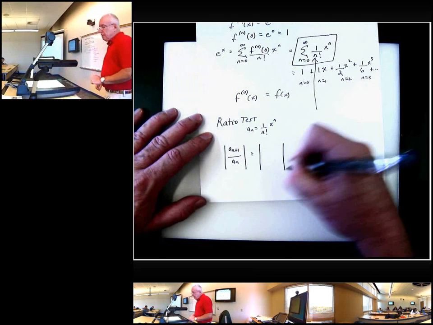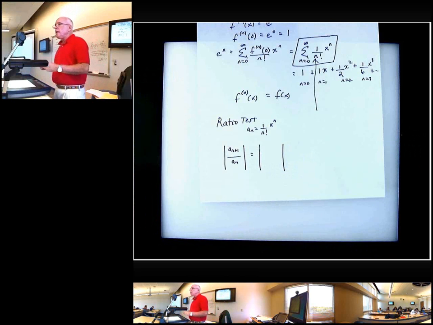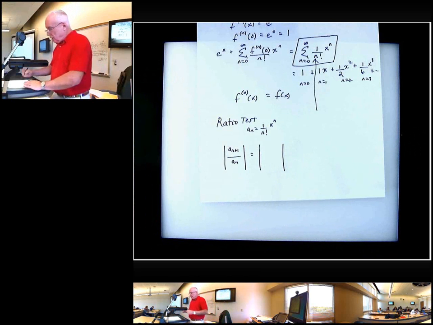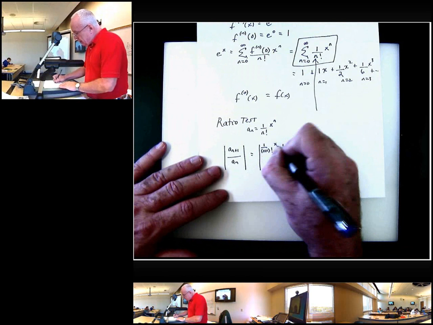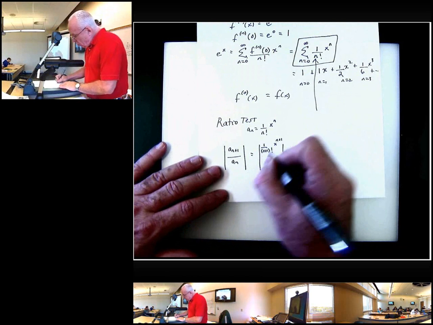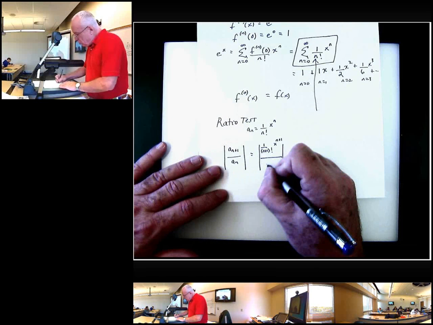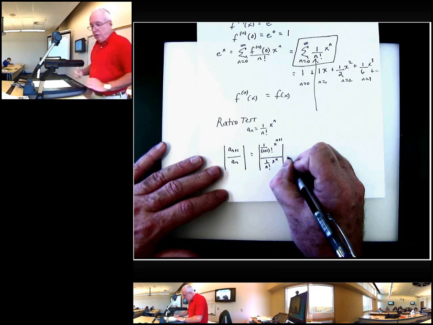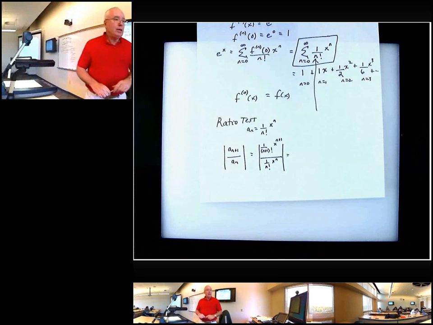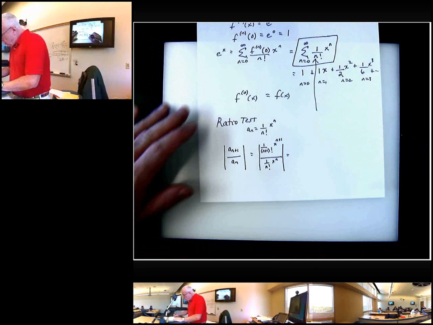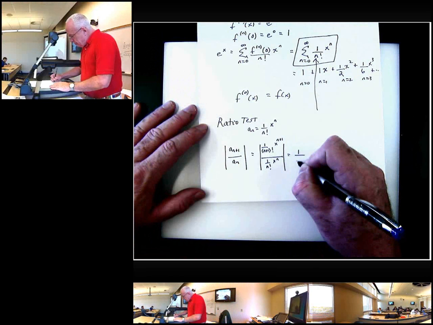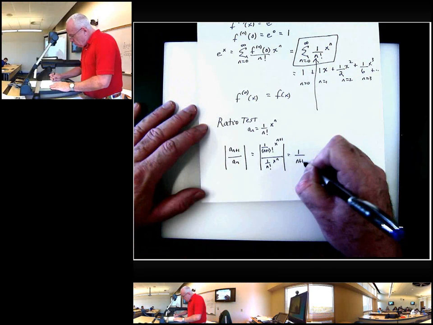So a sub n plus 1, I substitute n plus 1 for n. So this is going to be 1 over n plus 1 factorial times x to the n plus 1 over my a sub n, which is 1 over n factorial times x to the n. All right. And then we multiply by the reciprocal of the bottom, so we get 1 over n plus 1 factorial.